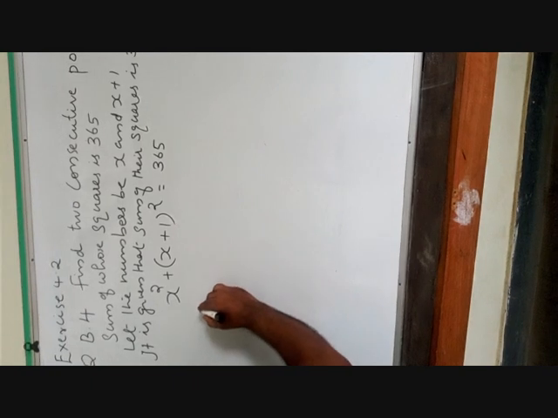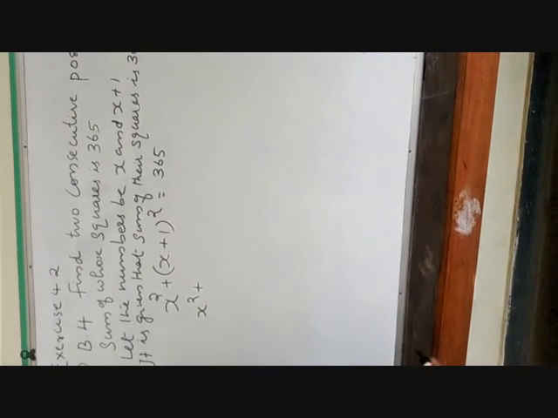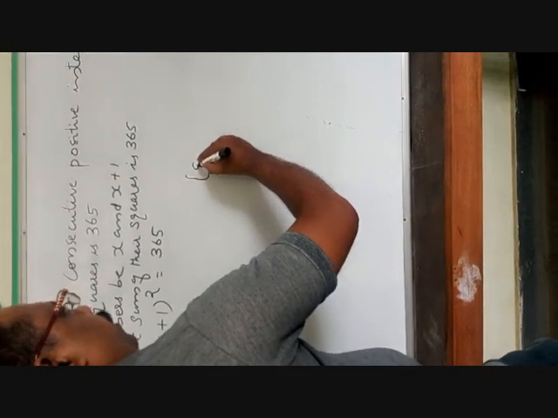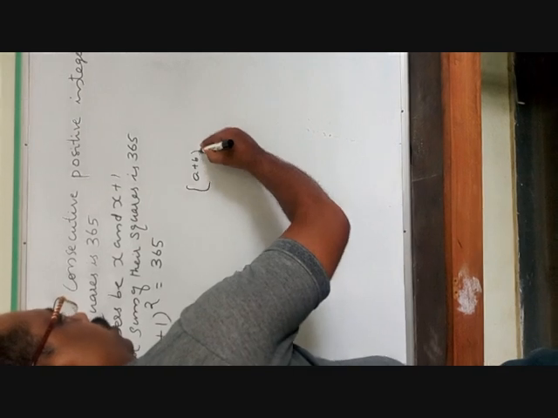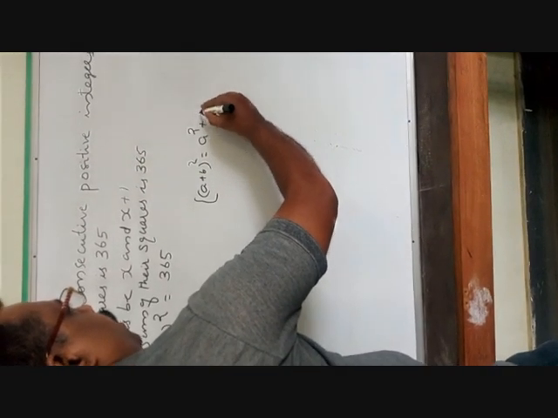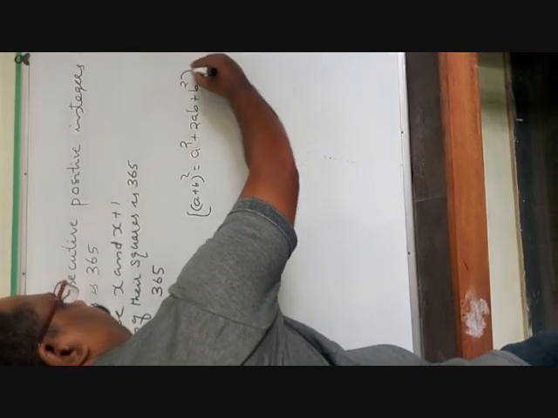Now we can write it here x square plus x plus 1 the whole square. This is in the form of a plus b the whole square. A plus b the whole square is equal to a square plus 2ab plus b square.